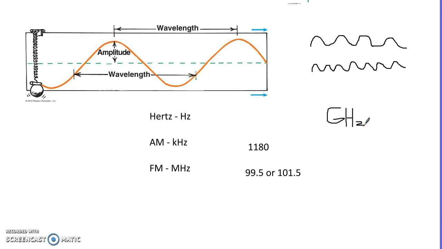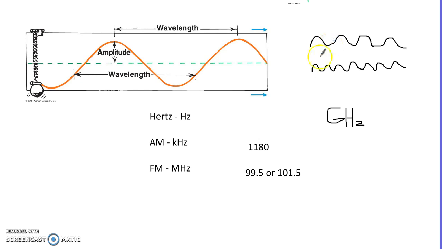Okay, now the other thing about a wave we need to know, we've talked about frequency, we've talked about amplitude and wavelength, is the period of a wave. A period, once again, is something that repeats, okay? And so the period is the time it takes to make one wavelength or one complete vibration. If this goes up and down and back, how long did it take for it to do one?